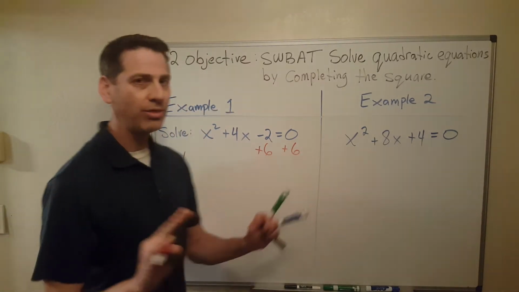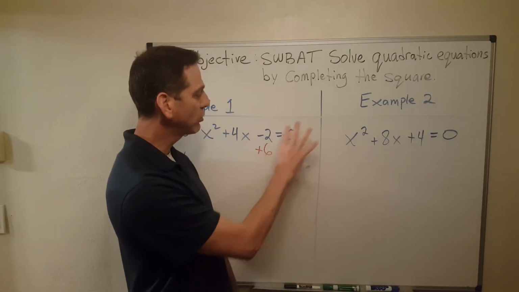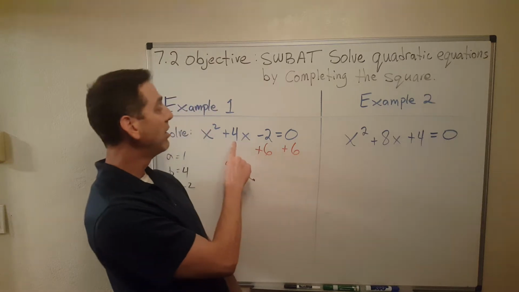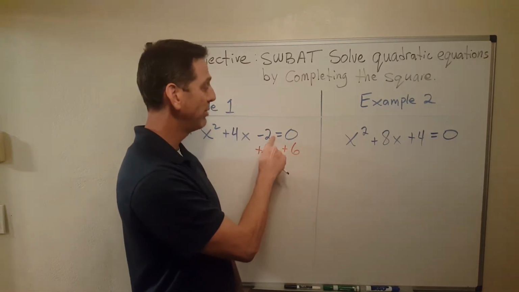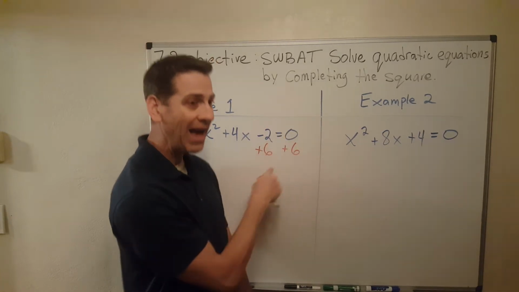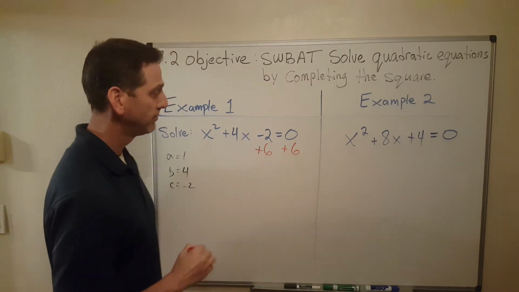The reason we're doing this is that to make this a perfect square, our C needed to be 4 divided by 2 squared, which is 4. It needs to be a 4, but it's a negative 2. So by adding 6, that will make it a positive 4.